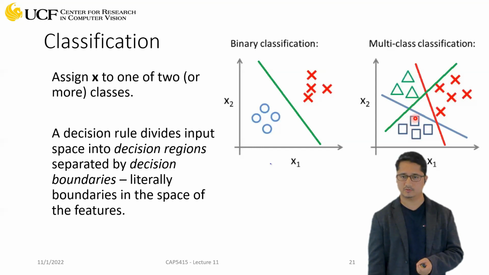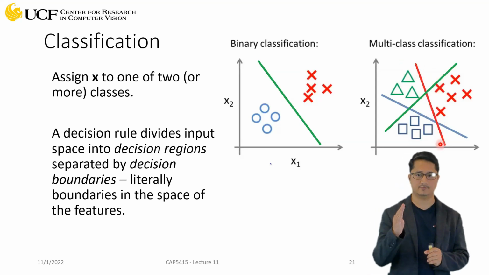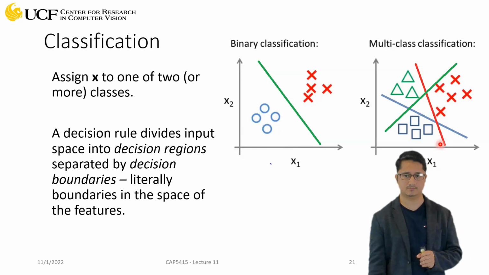If you think about this, one simple way to solve it is as follows. When you're learning this red line, that could be your one classifier. What you can do is treat these crosses as the positive class, and treat the green triangles and the blue squares as the negative class.